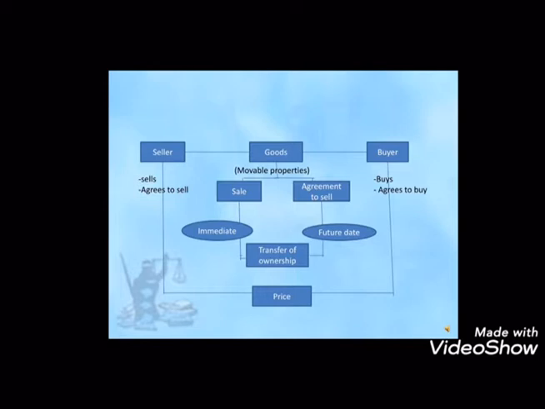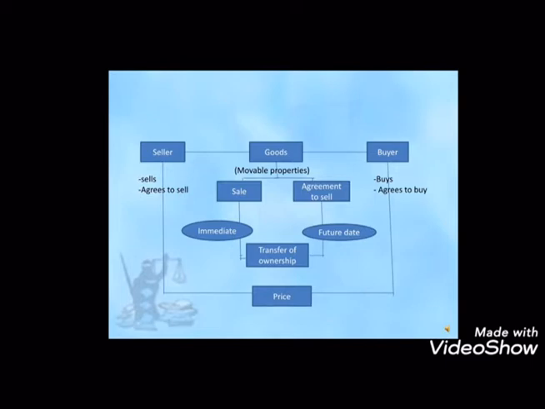Now when the seller sells the goods, for example, a seller wants to sell 100 bales of cotton to the buyer. When the buyer immediately purchases the cotton from the seller in presence of price, money for consideration, then he will become the absolute owner of the cotton.